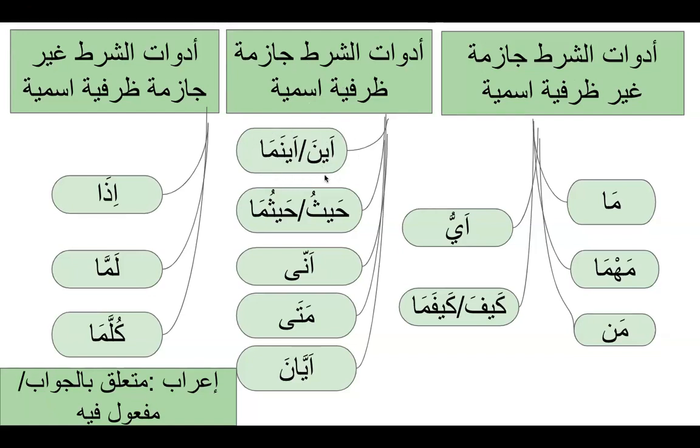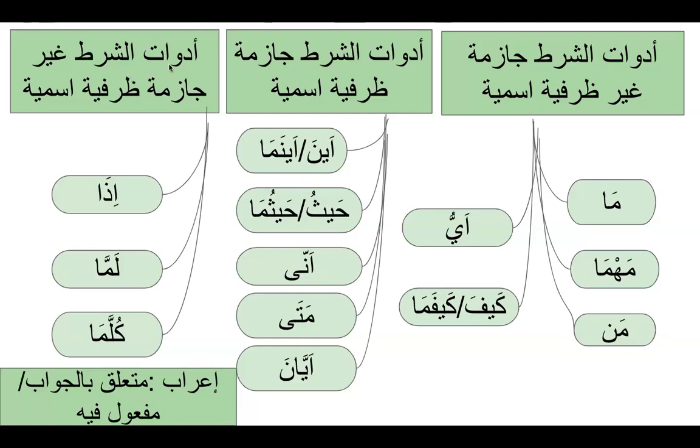Yes or no? What do you think? So all of them are listed here for you, these 1, 2, 3, 4, 5, or there may be more, but these are the ones that you need to remember for the purpose of this course. They are adawatu shart that are jazima, and they are nouns of time or place, and they are all isms, okay? And they will all have i'rab.